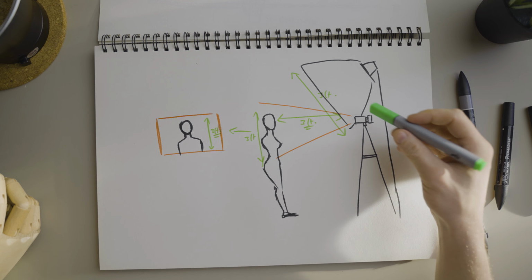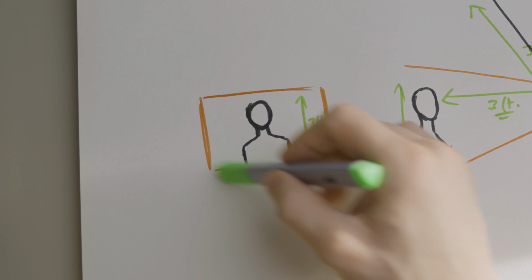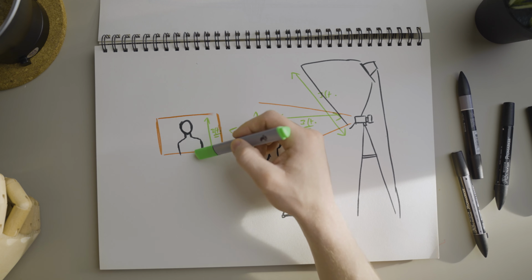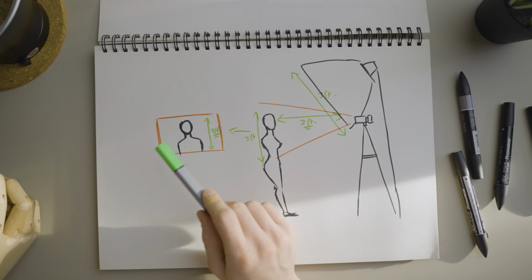As a rule of thumb, what I like to do is use a key light that is as big as the subject that I'm shooting and place it away at a distance that is about the size of the key light. I know that's a lot of words, so let me just show you on the board. If I'm shooting the model from the waist up, when I look through the camera, this is what my image looks like. The length of the subject that I'm shooting is about 3 feet.